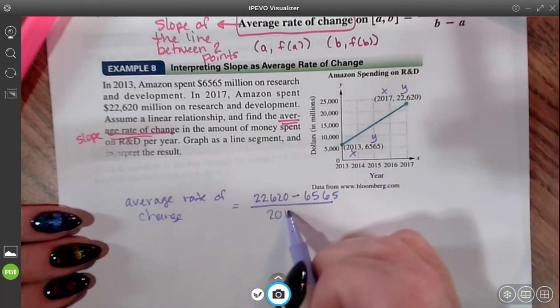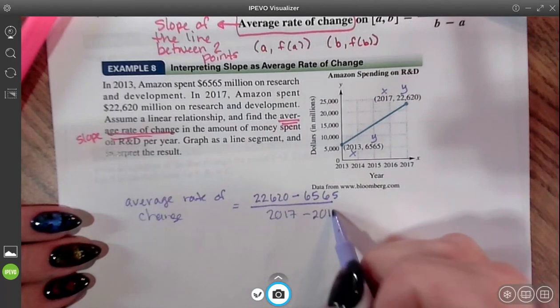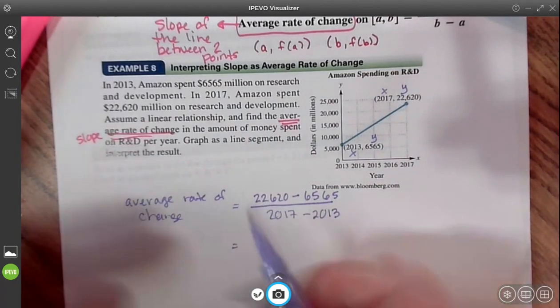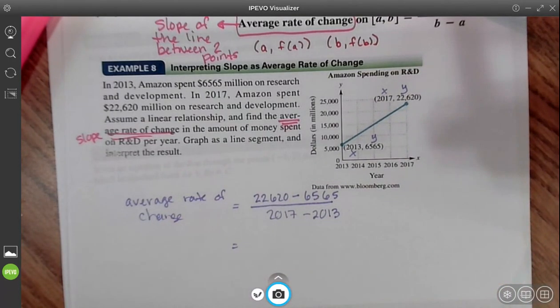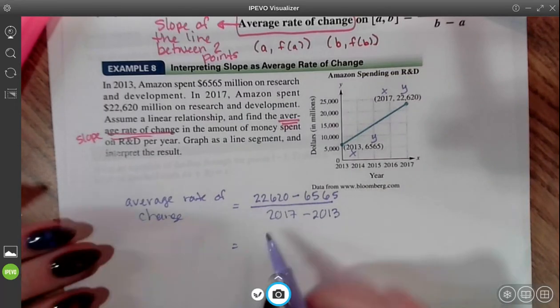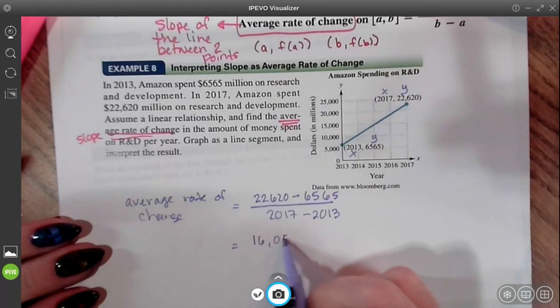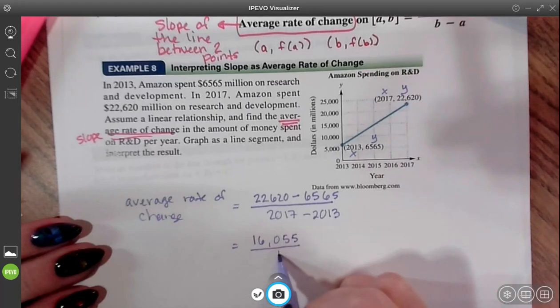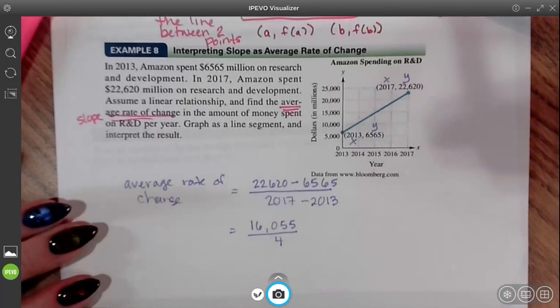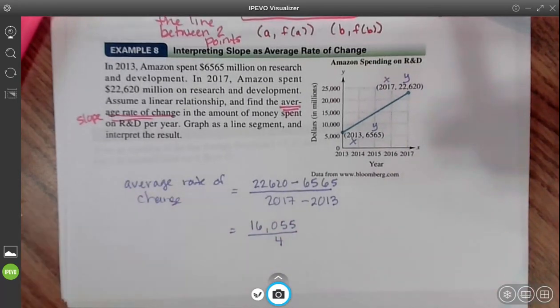So 2017 subtract 2013. So when we do our subtraction, we are going to get 16,055 divided by 4.